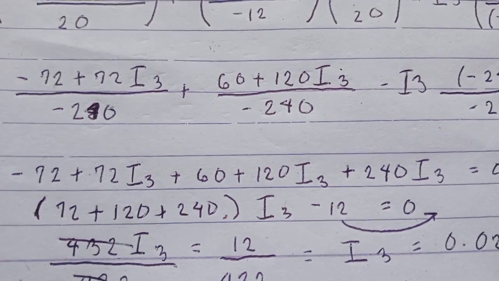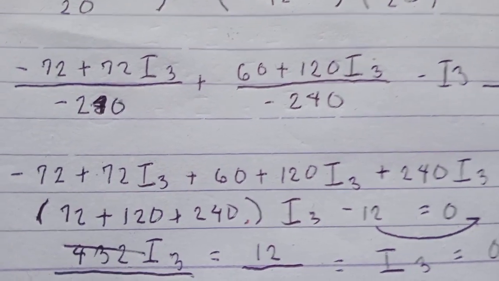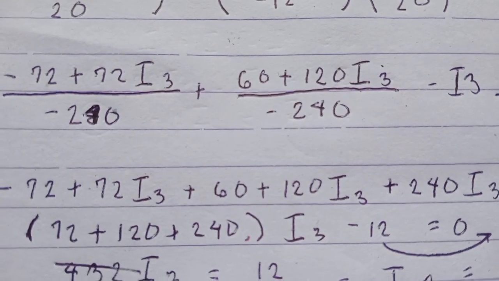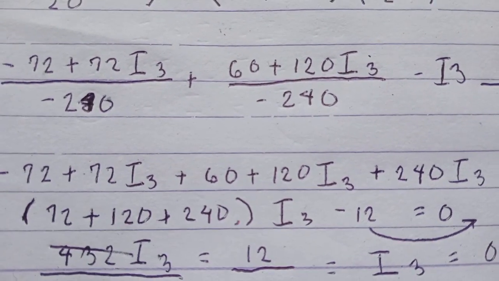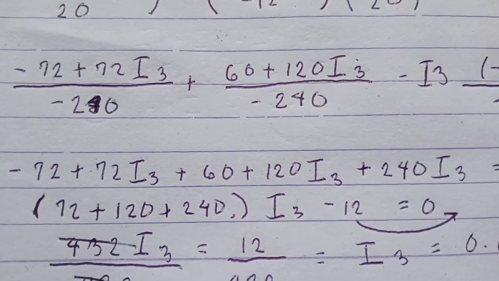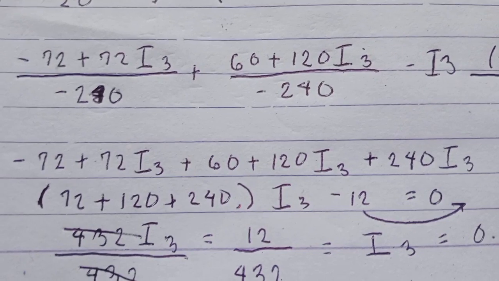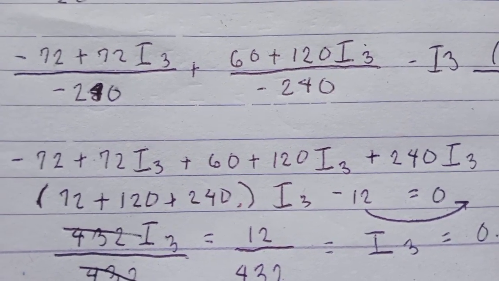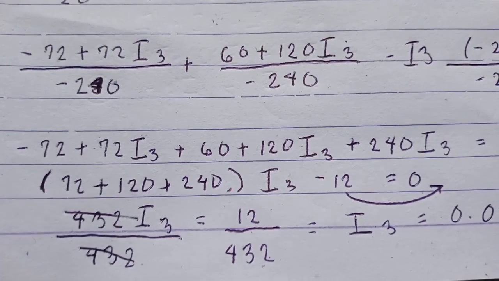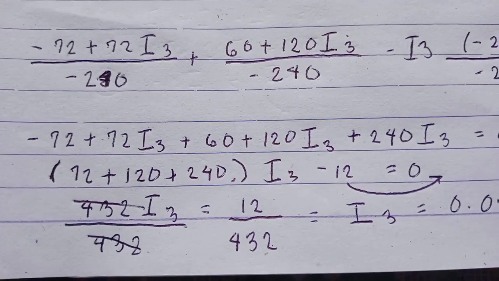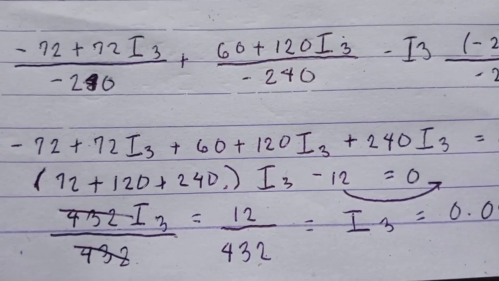So it is now positive 12, and our aim here is to get I3. So for us to eliminate 432, divide both sides of the equation by 432. So 432 I3 divided by 432 cancels out 432, equal to 12 over 432.